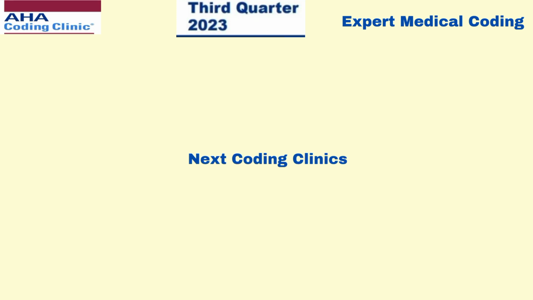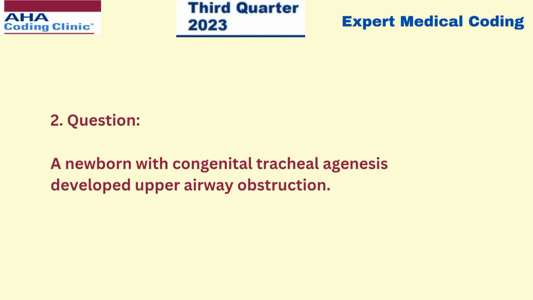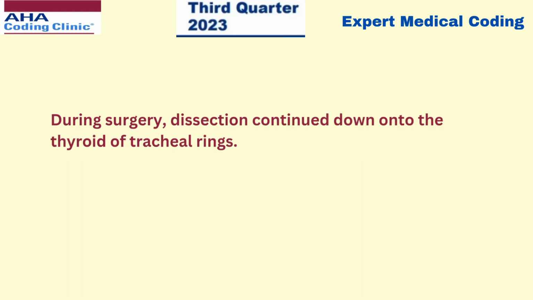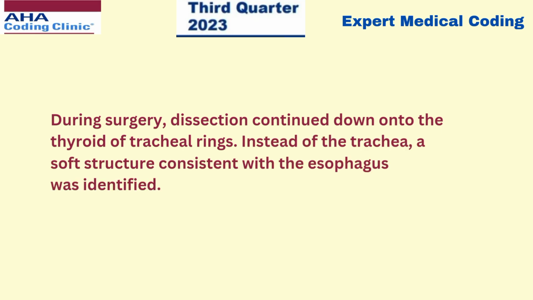Now moving on to the next Coding Clinic, and the scenario is a newborn with congenital tracheal agenesis. Tracheal agenesis means absence of formation of the trachea, developing upper airway obstruction. The baby could not be intubated in the NICU and an emergency tracheostomy was performed. During surgery, dissection continued down onto the thyroid and tracheal rings. Instead of the trachea, a soft structure consistent with the esophagus was identified.